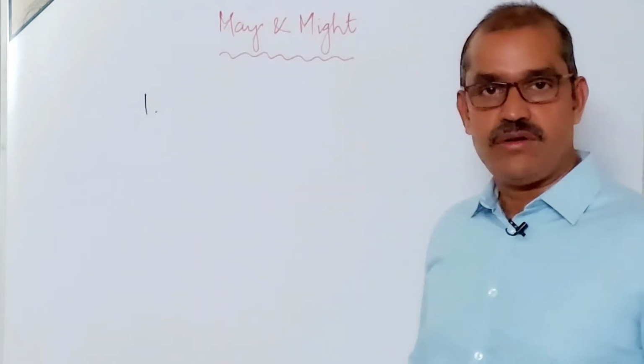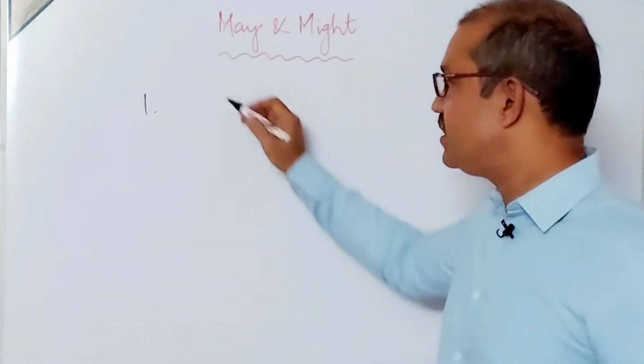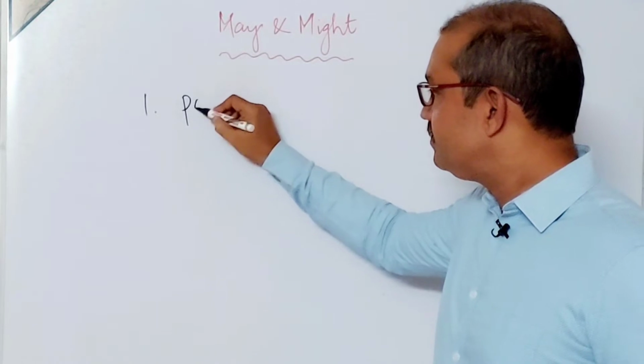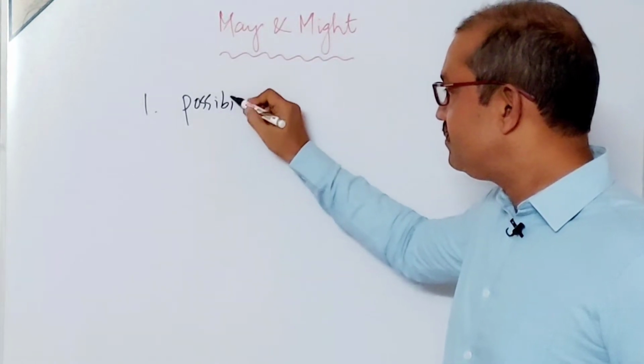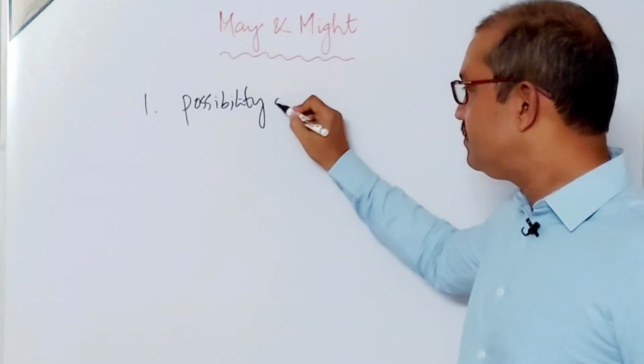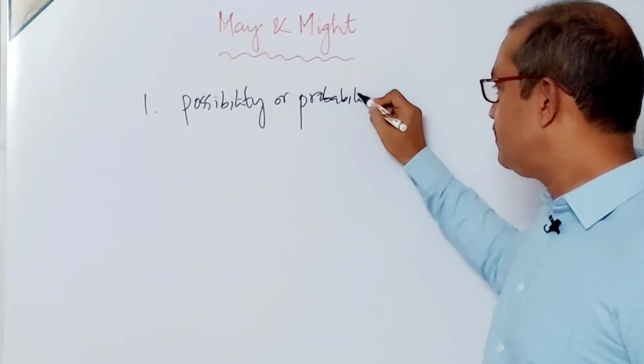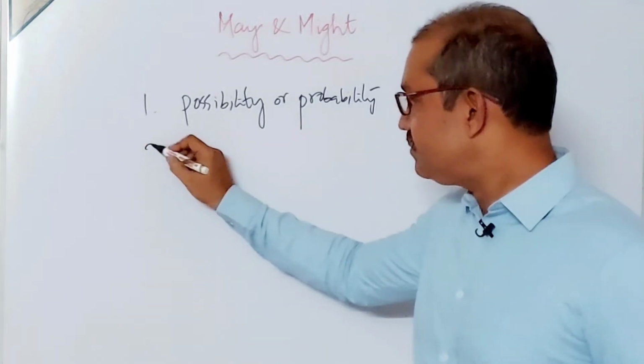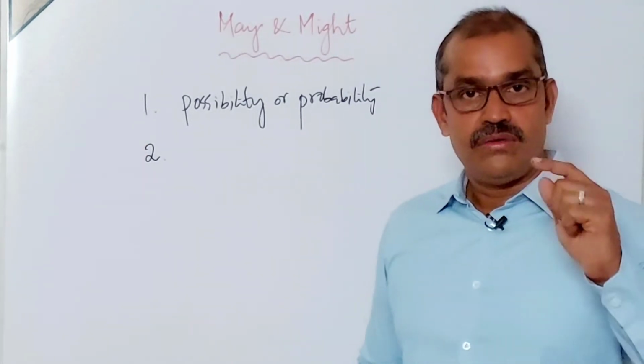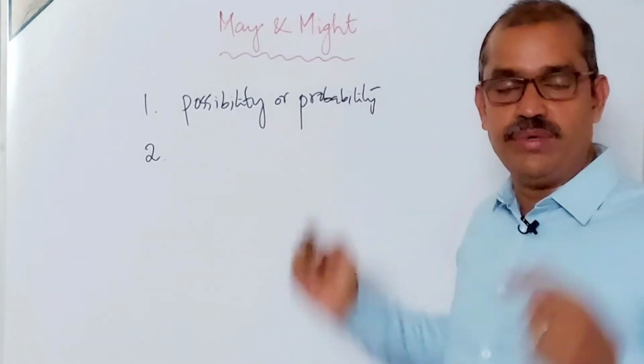The first one, possibility or probability. To express possibility or probability.